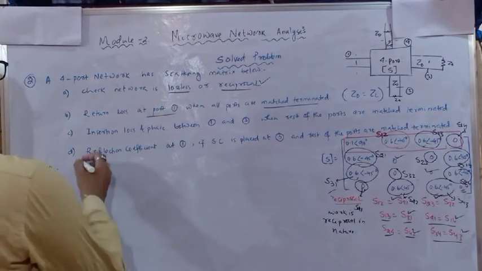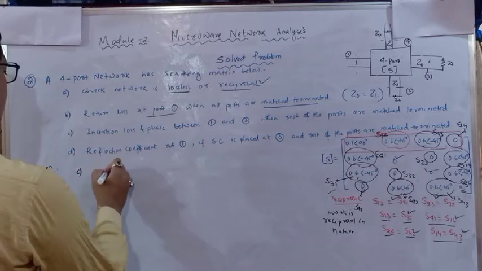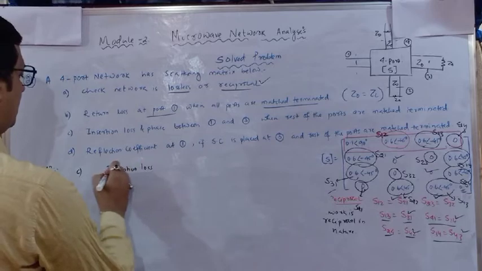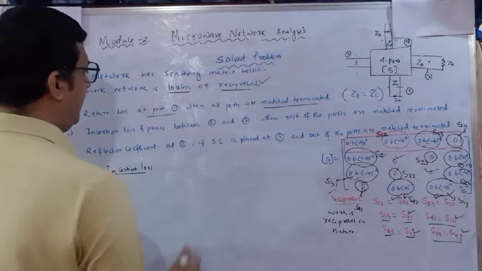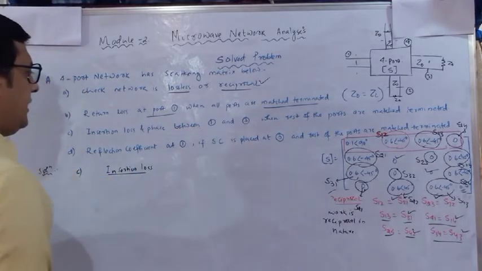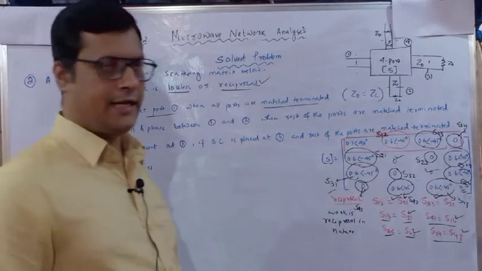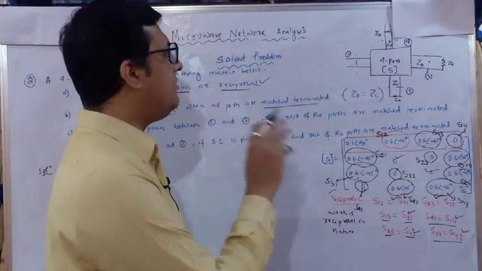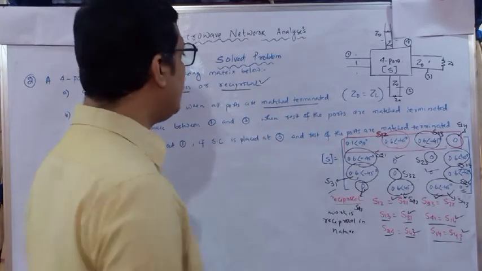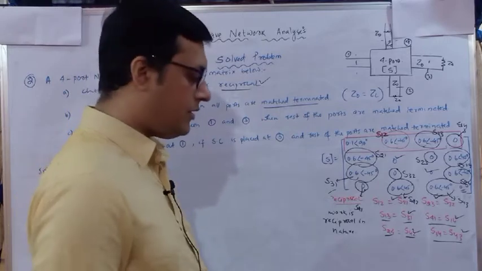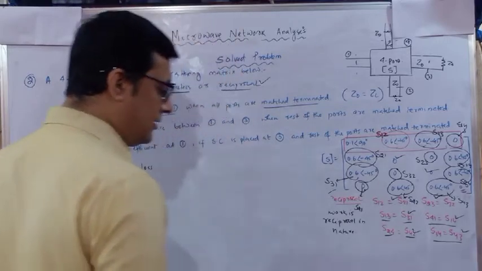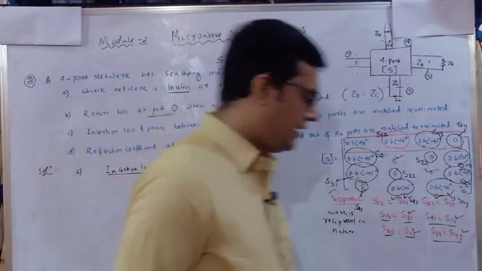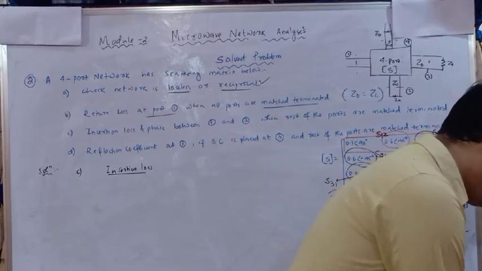Okay, so for insertion loss, now here it is given port 1 and port 3, meaning port 1 and port 3 are active but the rest of the ports are inactive, meaning they are perfectly matched. If it is perfectly matched, the return loss will be 0 for them. Okay, now we have to calculate the insertion loss. First of all, that loss equation you need to write. One minute.